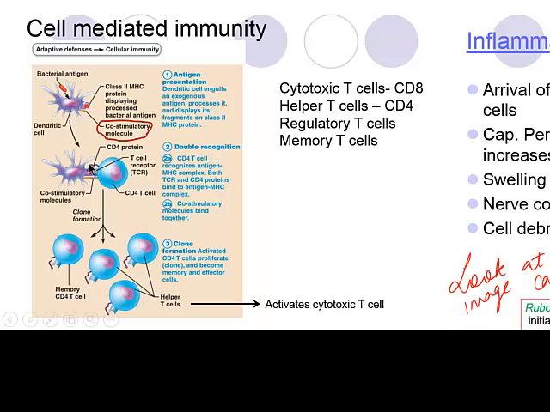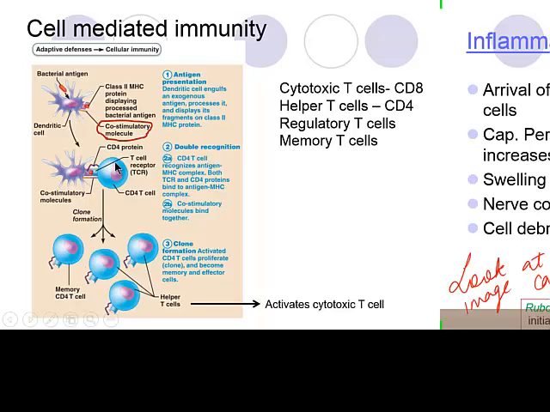The CD4 protein and the co-stimulatory molecule from this side attach to each other. This is just extraneous information to show you that everything fits in like a real nice jigsaw puzzle. The idea of these co-stimulatory molecules fitting to each other is that they stimulate clone formation.